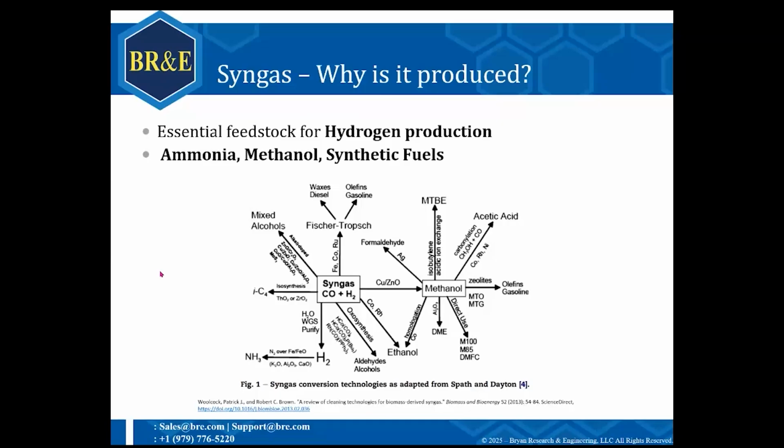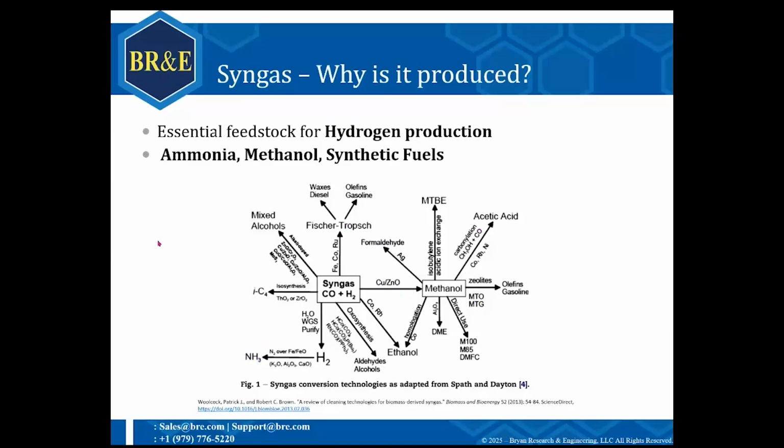Now let's answer the question why we produce syngas. Syngas is an essential feedstock for hydrogen production. Also, it's a raw material used to produce several chemicals such as ammonia or methanol, or synthetic fuels, Fischer-Tropsch.